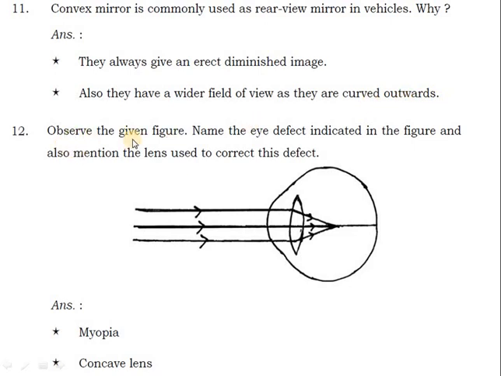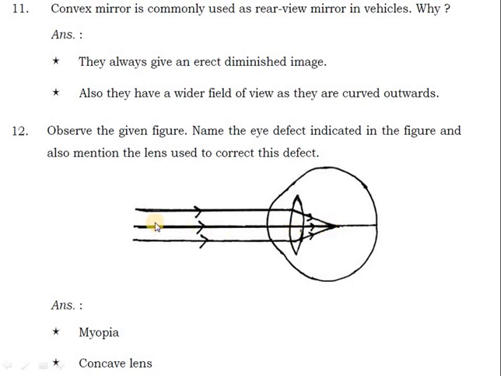Next question. Observe the given figure. Name the eye defect indicated in the figure and also mention the lens used to correct this defect. Here, the image is formed in front of the retina. The rays are coming from a distant object. The image is formed in front of the retina. Whenever an image is formed in front of the retina for a distant object, then it is myopia, that is short-sightedness.